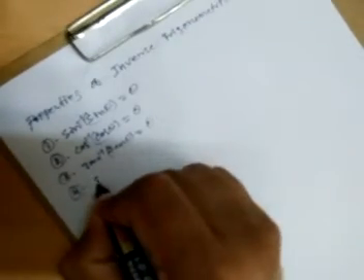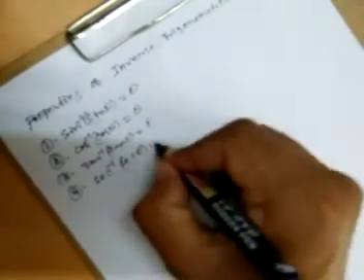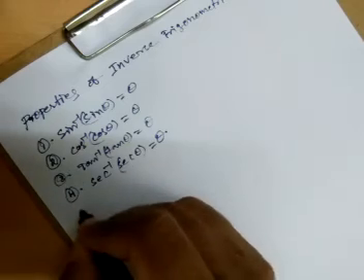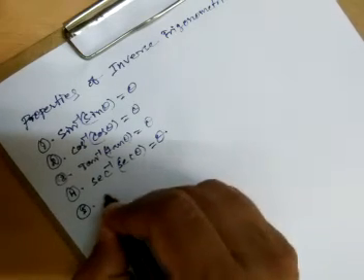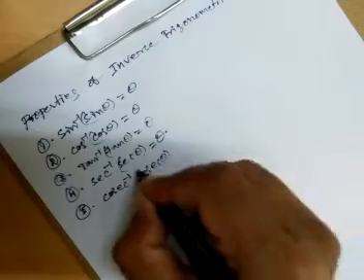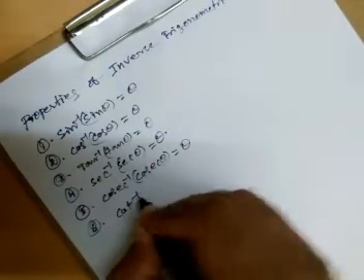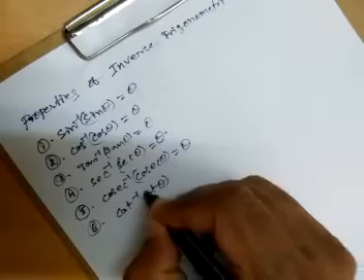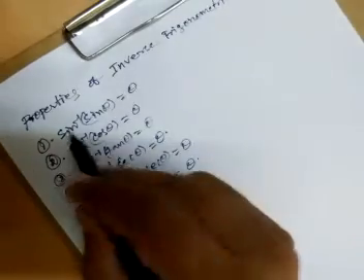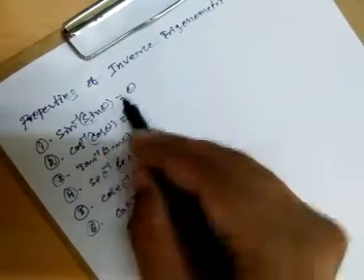Fourth, secant inverse of secant theta equals theta. Next, cosecant inverse of cosecant theta equals theta. Cot inverse of cot theta equals theta. That means the inverse and the function cancel, and theta remains.